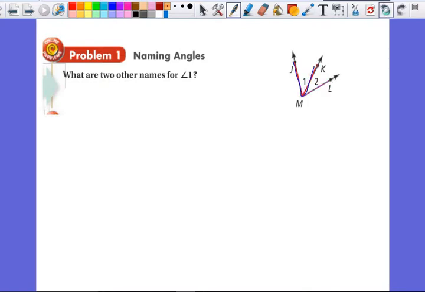So we can't really use angle M, all right? But we can use the three letters that form it. So the first one that we could use is angle JMK, all right? Because those are the three that use it. And remember, the vertex has to be that middle letter. The second way that we can name it is angle KMJ, just reversing the order around, okay?